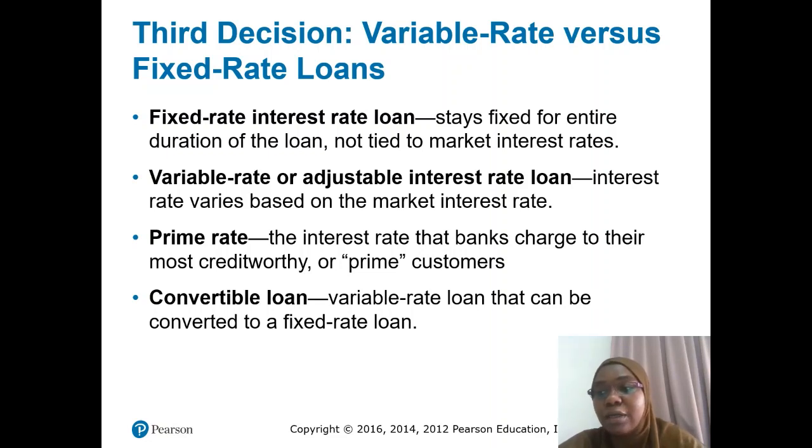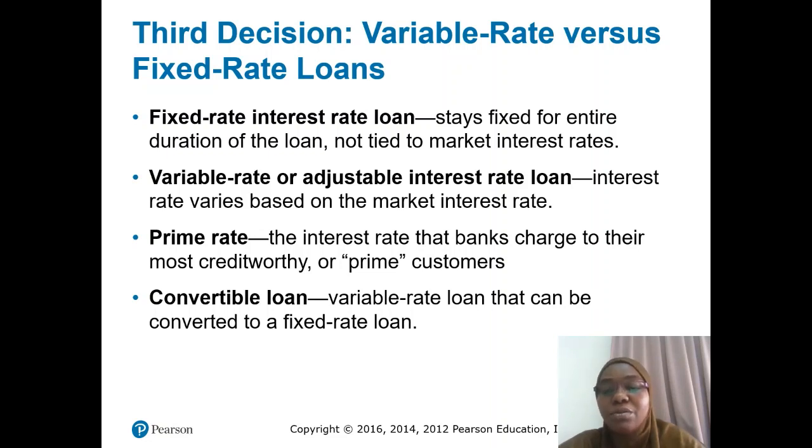As you know, banks also have different kinds of customers and they know their creditworthiness. So this prime rate is just a kind of concession for the customers that are prime or creditworthy. We also have the convertible loan, which is a variable rate loan that can be converted to a fixed rate loan.